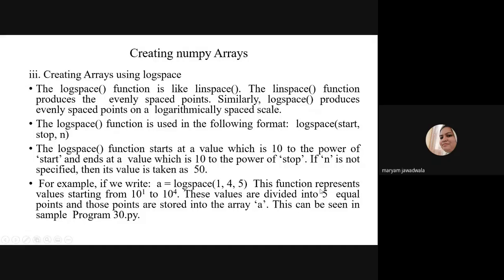These values are divided into 5 equal points, and those points are stored in array A, and the division criterion is logarithmic, right? So we'll take one example program, that is 30.py, to understand the logspace function to create a numpy array.